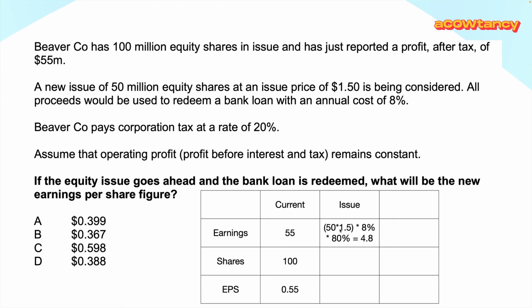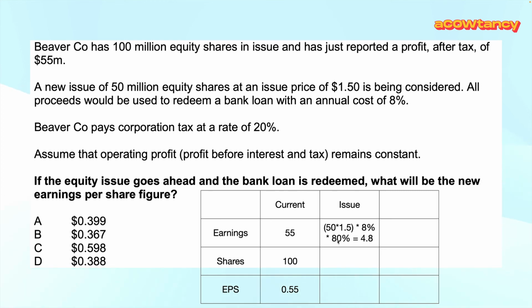Because we're going to get that money in from the shares, we're going to pay off a bank loan. And that bank loan costs us 8%. So by paying off the bank loan, we are saving the interest on it. But the bad news is there's a 20% tax rate, so we're not saving all the 8% because that reduces our tax balance a little bit.